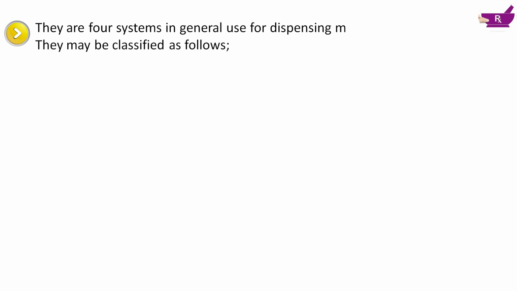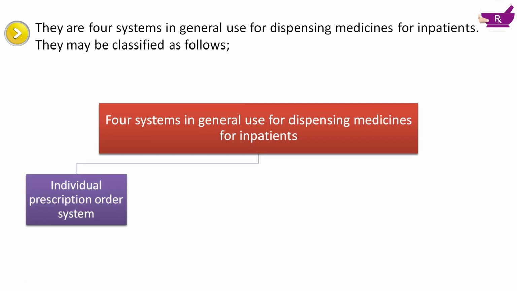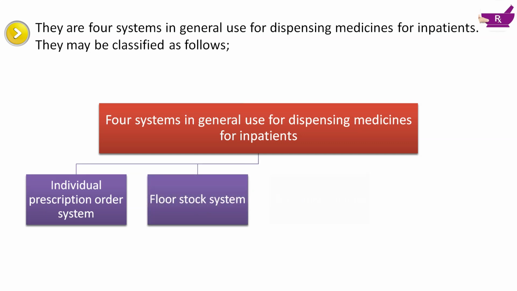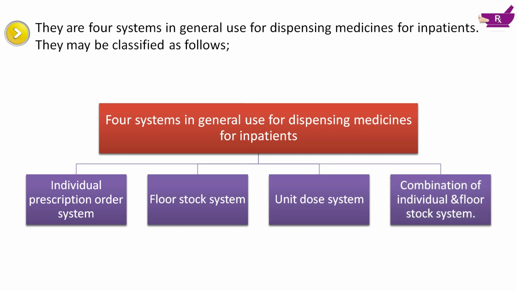Now let us understand that there are 4 systems in general use for dispensing medications for inpatients. They may be classified as follows: first, individual prescription order system; second, floor stock system; third, unit dose system; and lastly, the combination of individual and floor stock system.